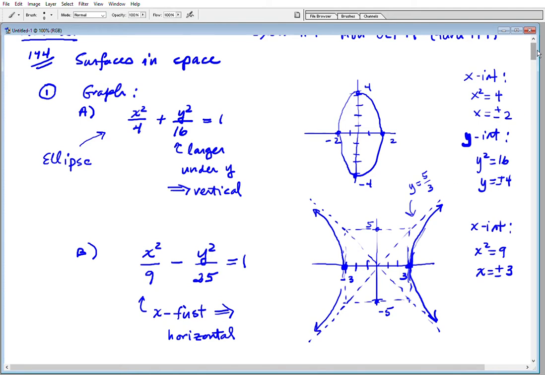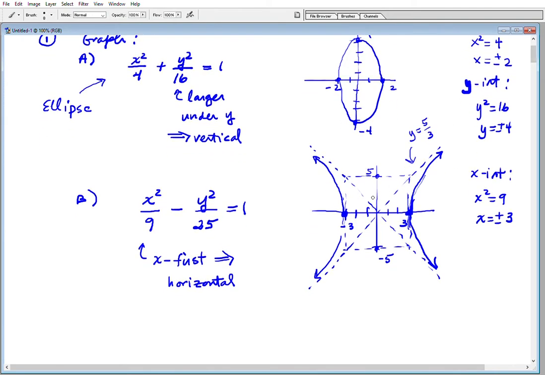We could see why it makes sense that y tends to 5/3 x from this equation. And this line over here is minus 5/3 x.